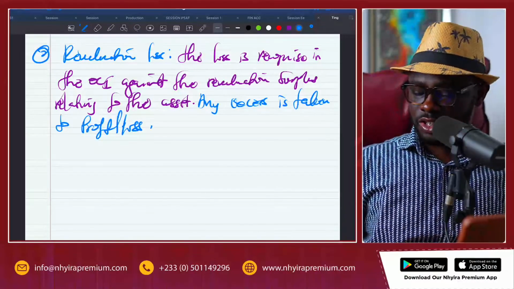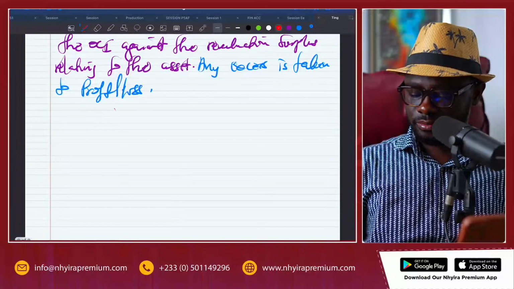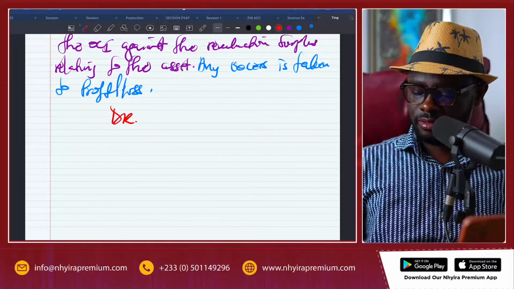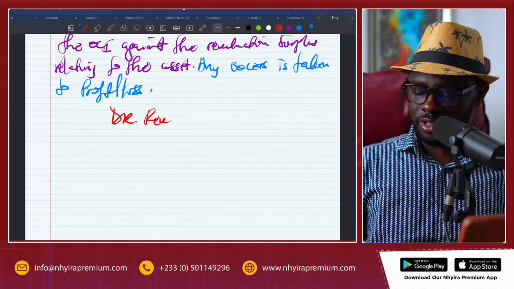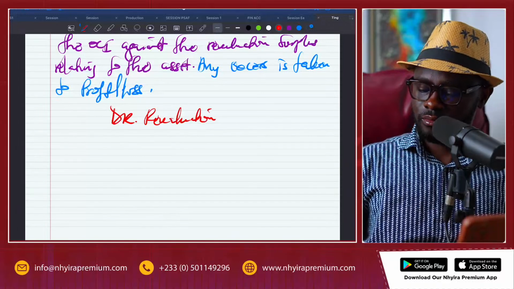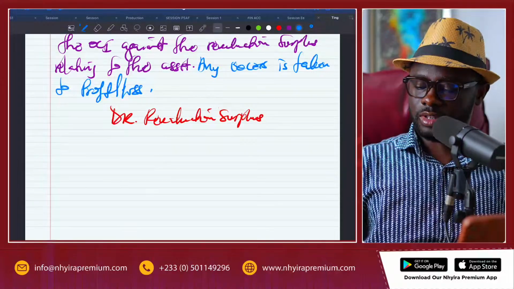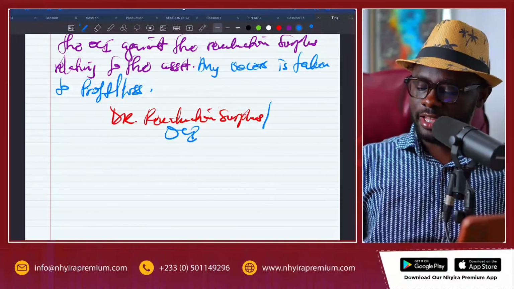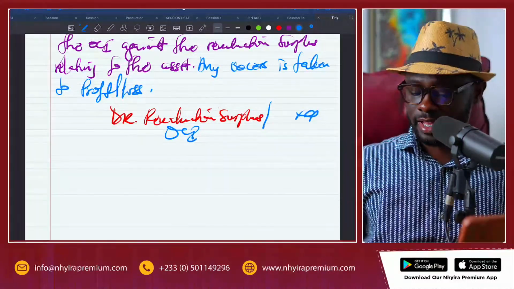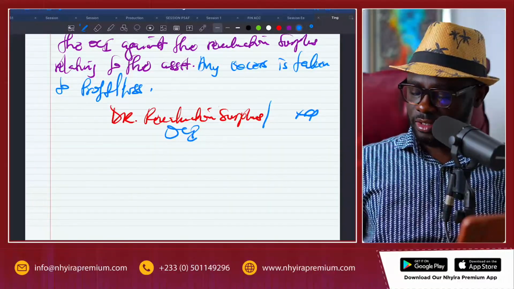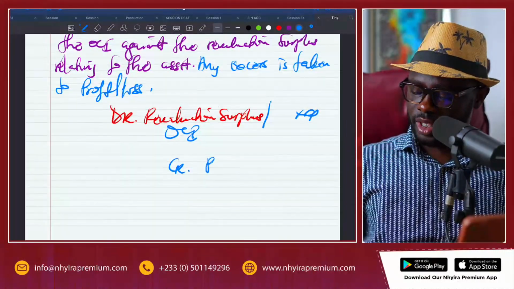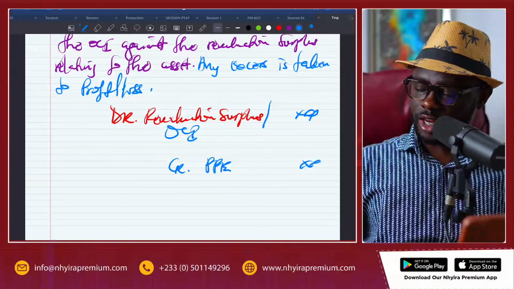So here our journal entry will look like this. You debit first revaluation surplus, as we said, with OCI on the line, so it will go to OCI as a negative. Then you credit PPE because the asset is falling in value.